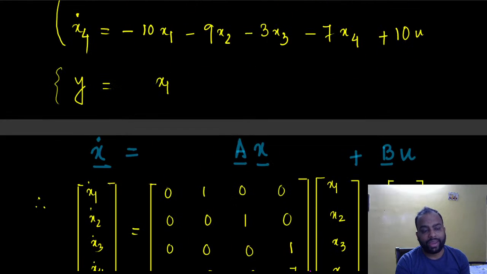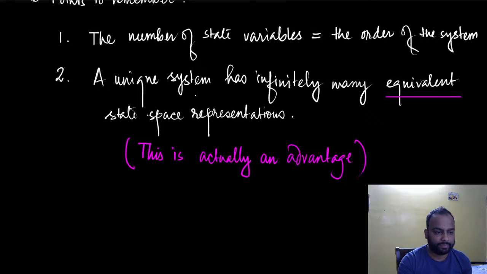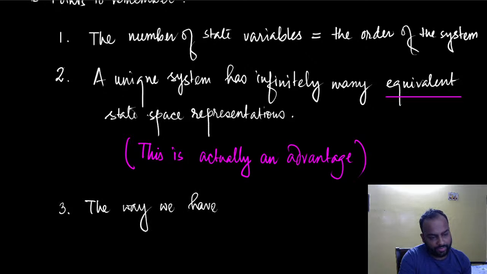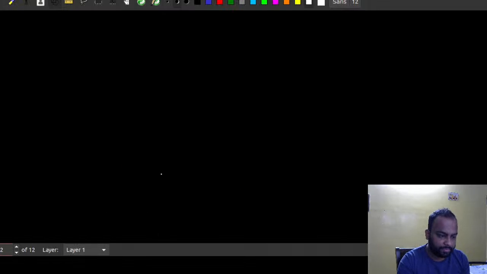The way we have done it today has a special name. Mathematical modeling done using state variables is known as state space modeling, of course.